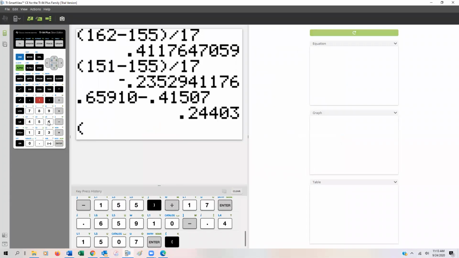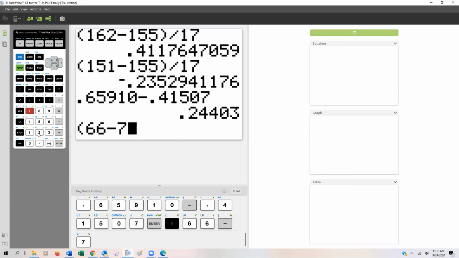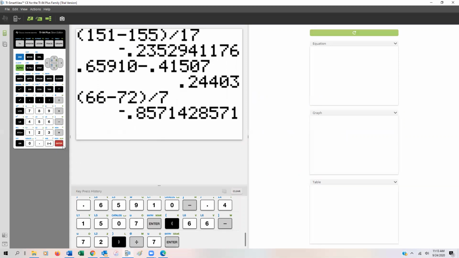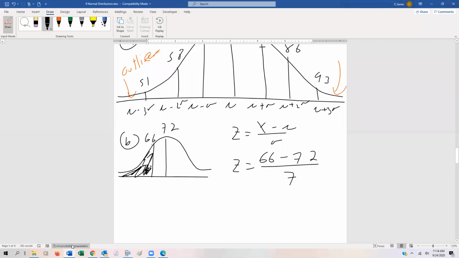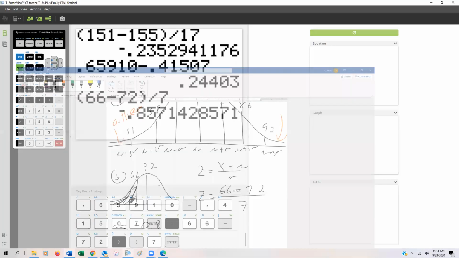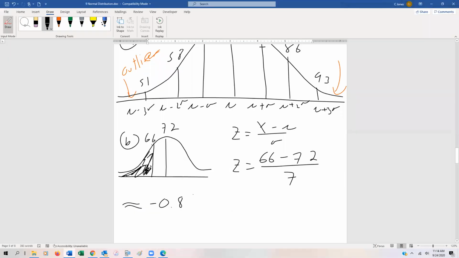So parentheses 66 minus 72, close parentheses, divide by 7, and we're going to get negative 0.857, or negative 0.86. Remember, round it to 2 decimal places, please. So this is going to be approximately negative 0.86.